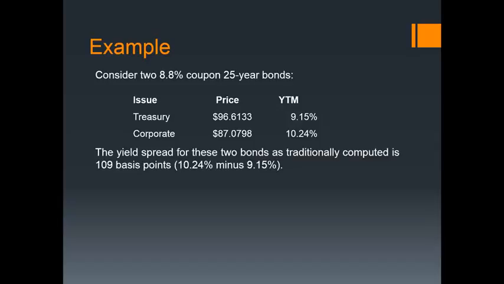But this is done simply by calculating the yield to maturity for each bond and then comparing these yields. We haven't considered the term structure of interest in all of this, and we haven't considered that the corporate bond may be callable, puttable, or even convertible, which of course will be the next set of lectures.